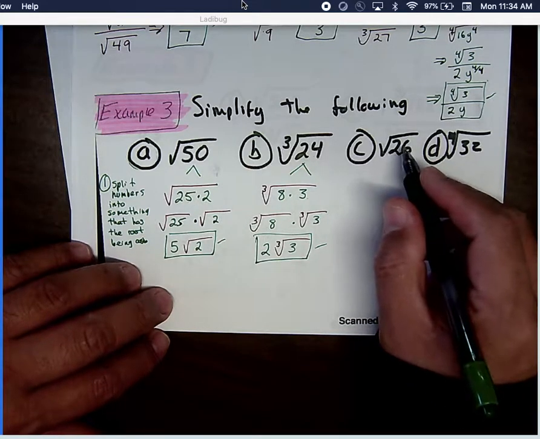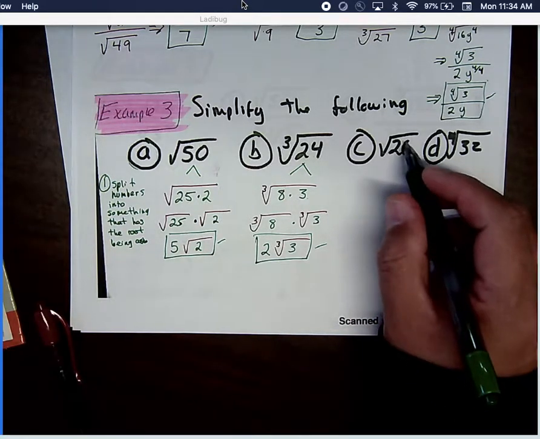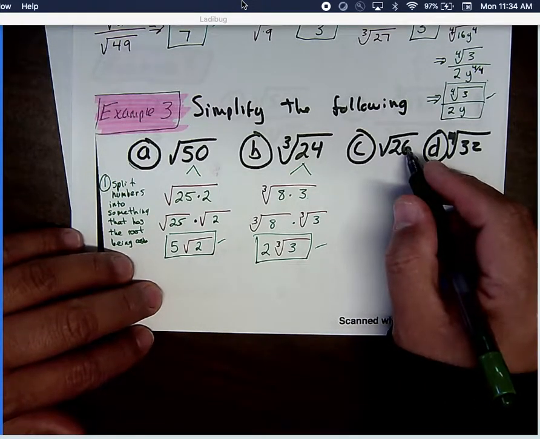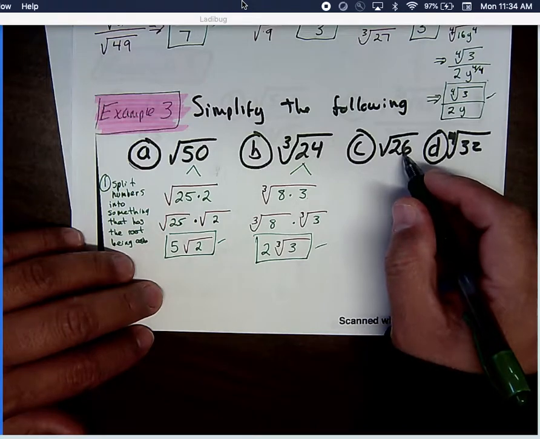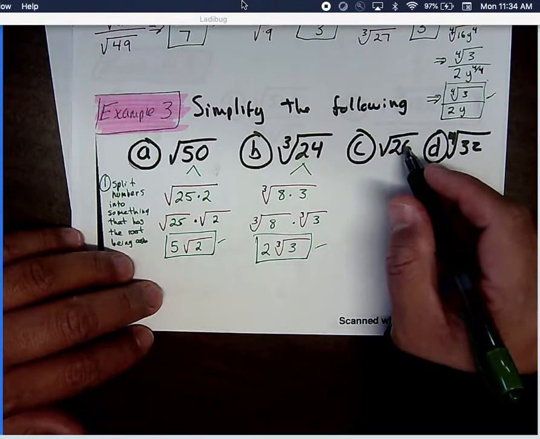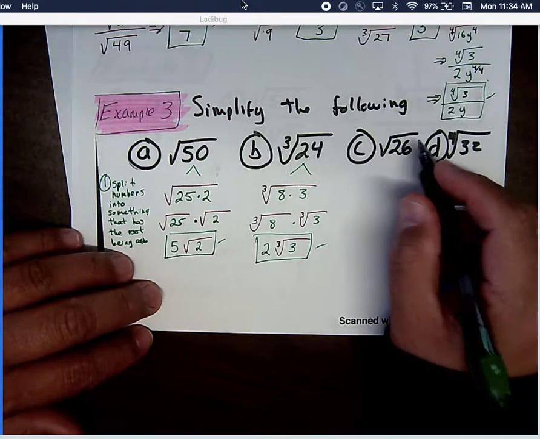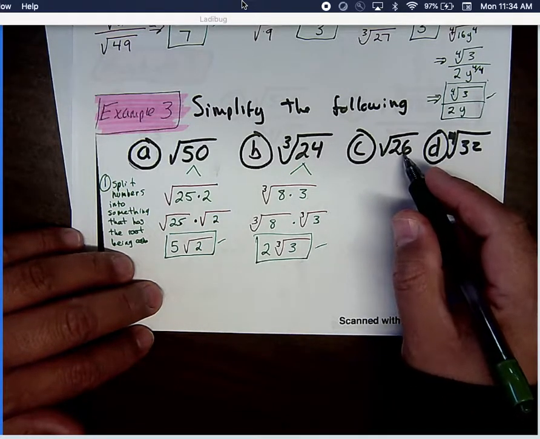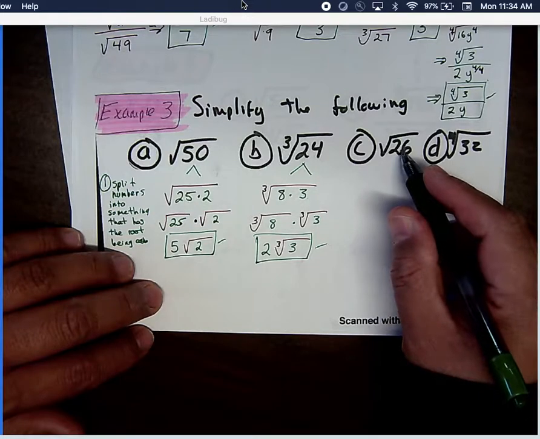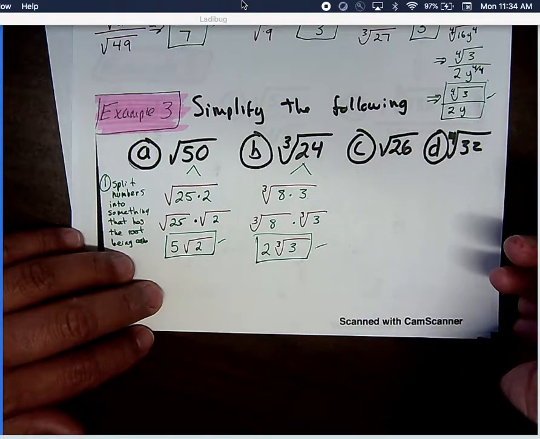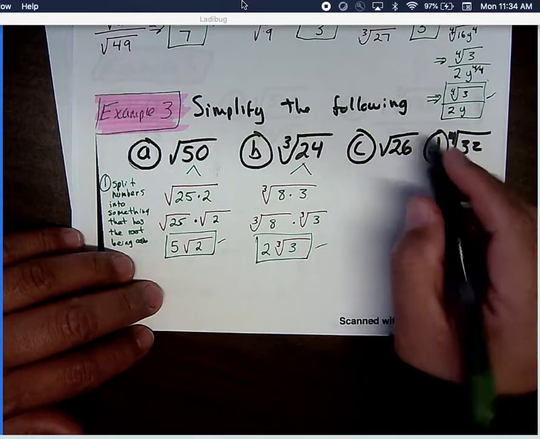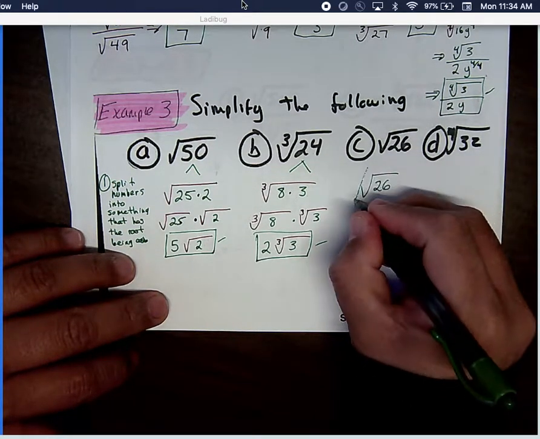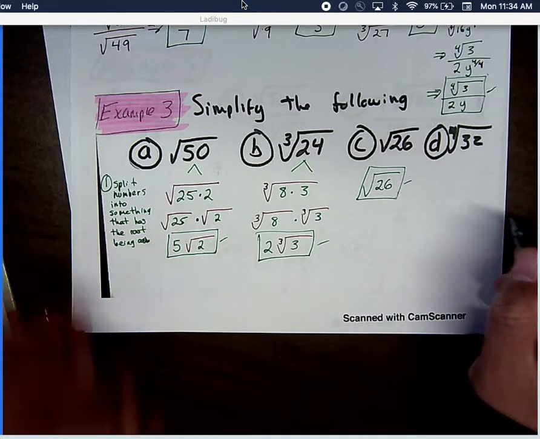The only perfect roots below this one that could give you this number would be 4, but 26 cannot be divided by 4. What else? 16, 26 cannot be divided by 16. 9 would be another one, and 5, which is 25. So none of them work. So for this one, you would just leave it like that because it cannot be simplified further. So that's it for that one.